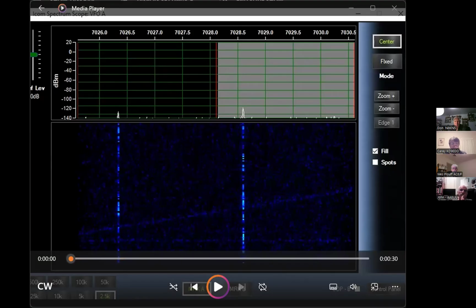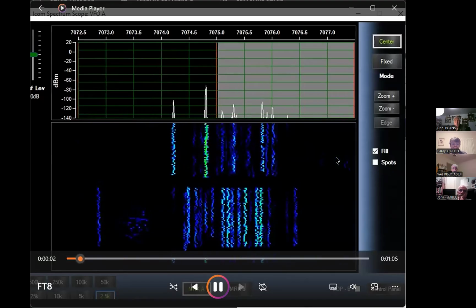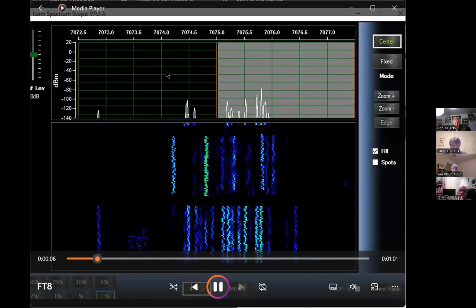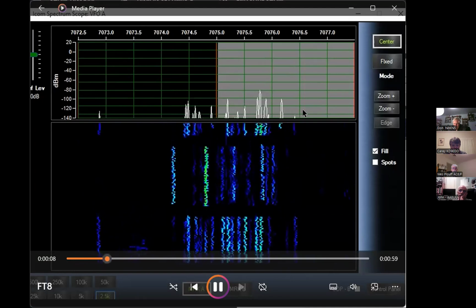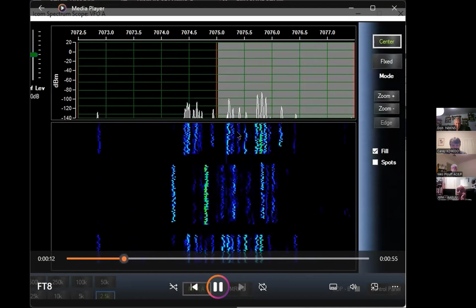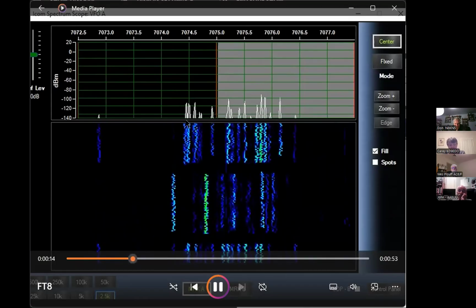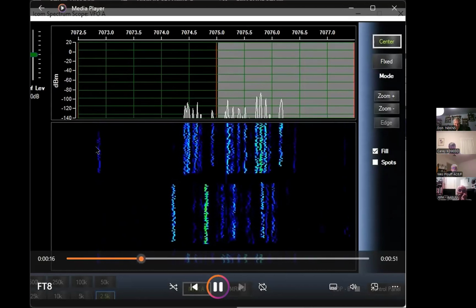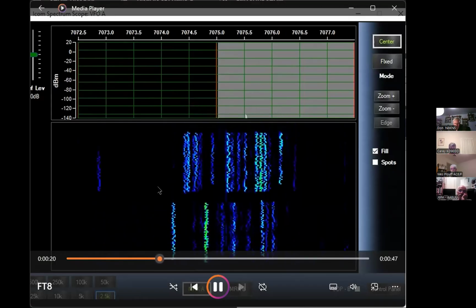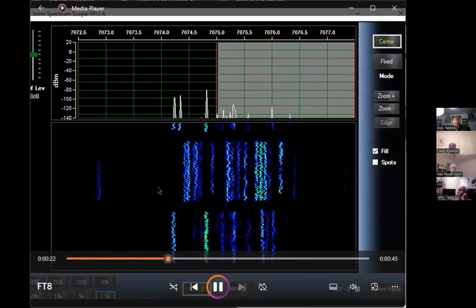Now, FT8, what you're seeing here between 7074 and 7077 or thereabouts is multiple FT8 signals. I don't know what this guy is doing way off on the left here, but you see multiple FT8 signals, and you can see the tones changing on each one.